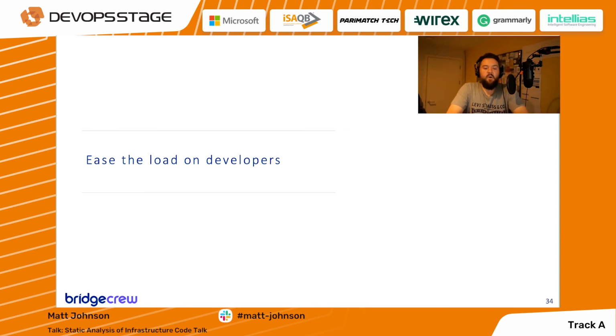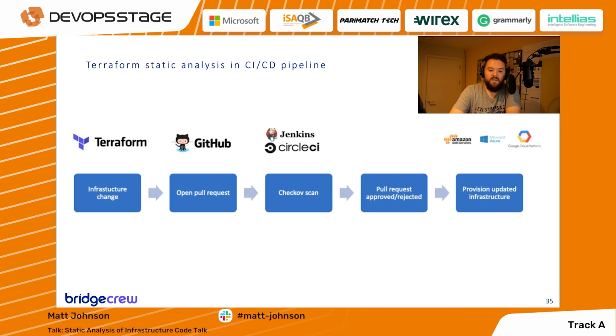So as I said, the whole point of this is to ease the load on developers. The idea being that with this tool, it is really easy to add checkoff into a CI/CD pipeline, or just have the developer really simply run it as a pre-commit hook and get this information where it's needed.